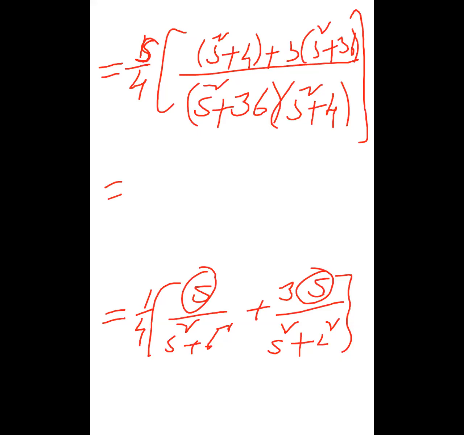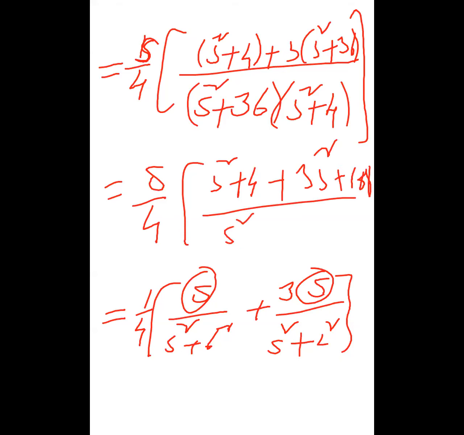Now simplify the equation and get the required answer. Plus 3S square plus 108 by S square plus 36 into S square plus 4.